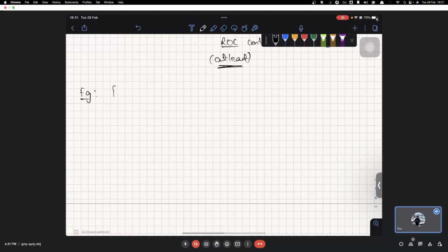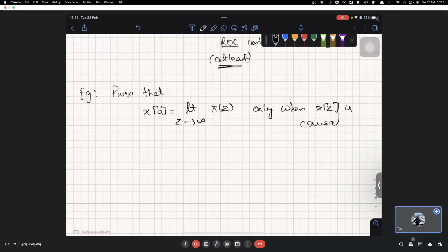We need to prove that x of 0 is equal to the limit z tends to infinity of X of z only when x of n is causal. So this is the question. So we need to prove.